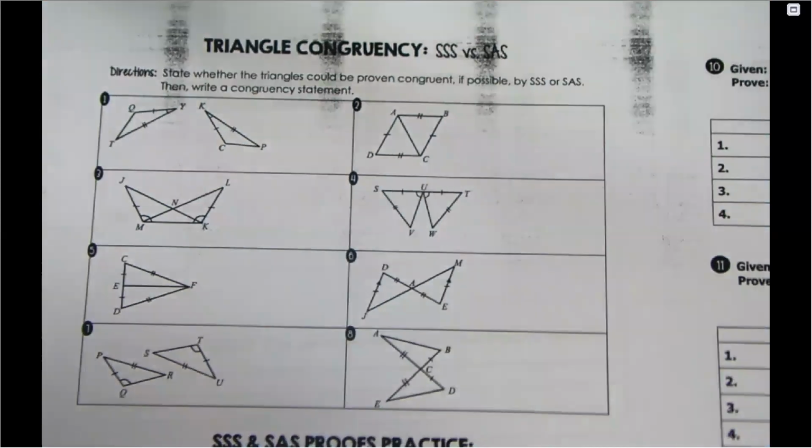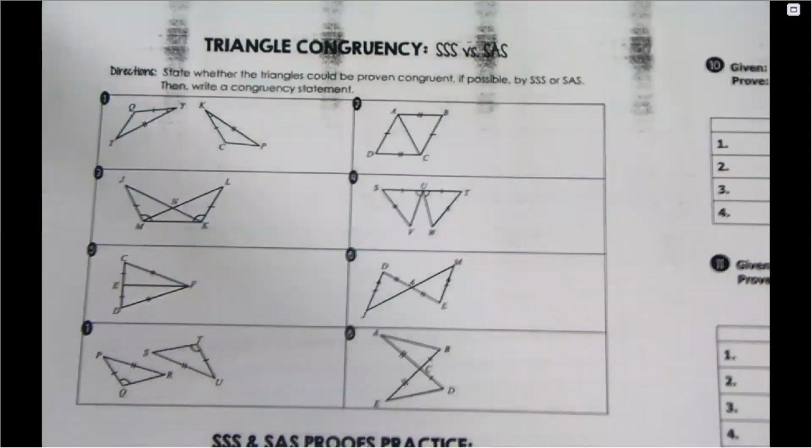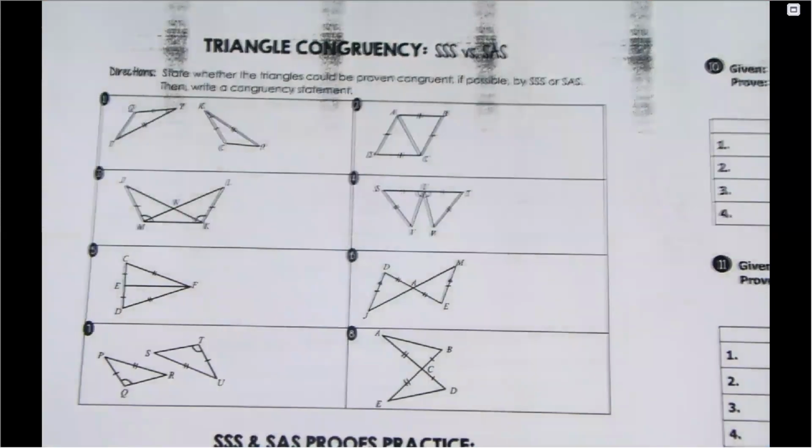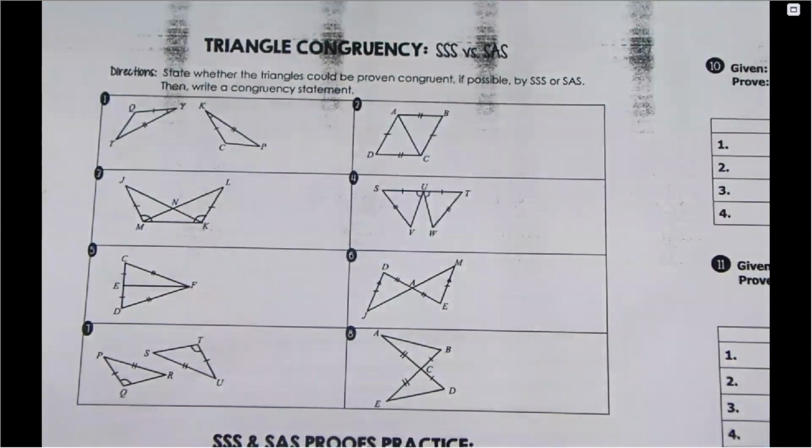It's on side, side, side, side, angle, side, and triangle congruency. That very first lesson was just about figuring out who's congruent to who, based off the name. That was easy. I think all quizzes are going to be 30 points unless it's a crazy big quiz. You're going to do fine.